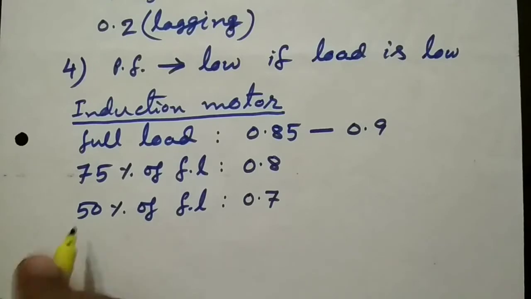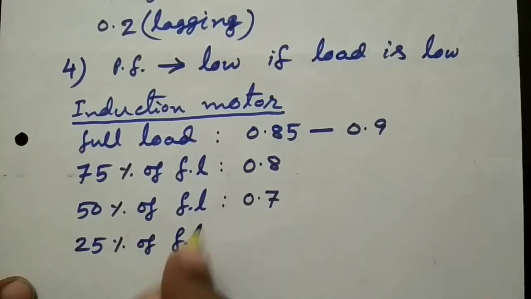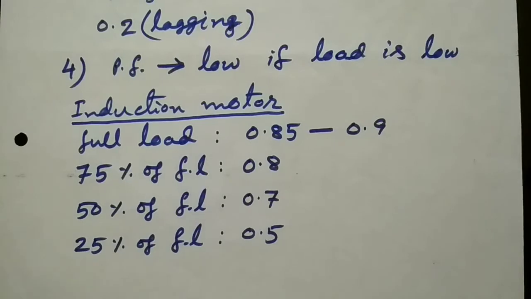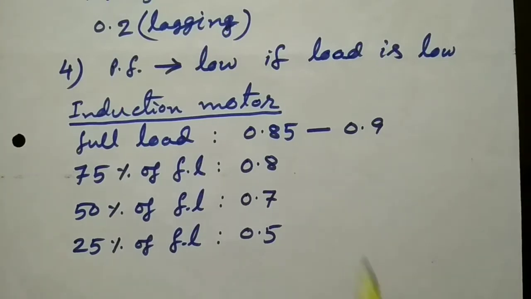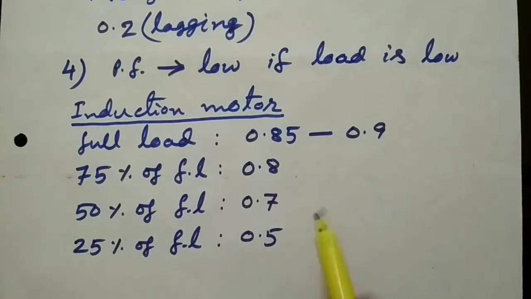And if the induction motor runs at 25% of full load, then the power factor becomes as low as 0.5. So here we can see that as the load is decreased, the power factor of the system will also be reduced.